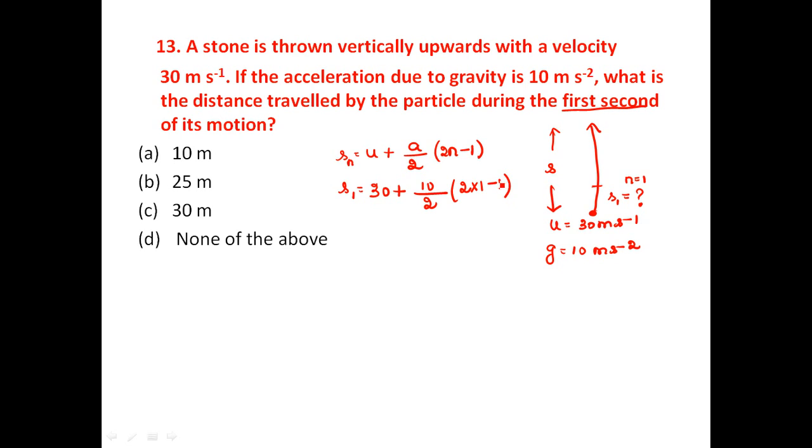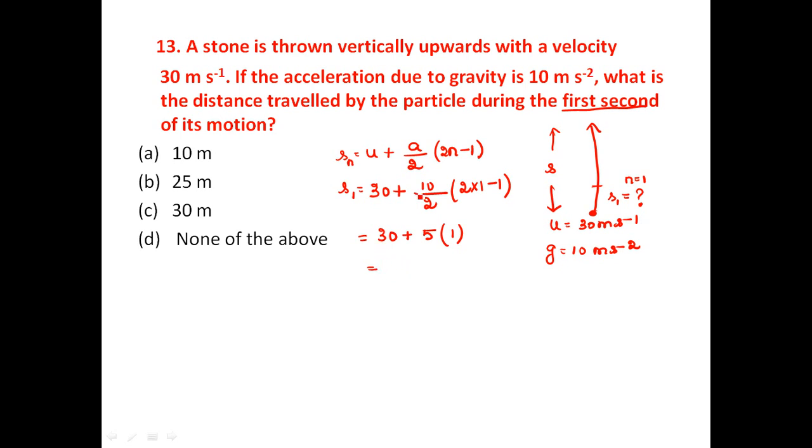Am I right? Then what about the simplification part? You will get 30 plus 5, 2 minus 1 is 1.